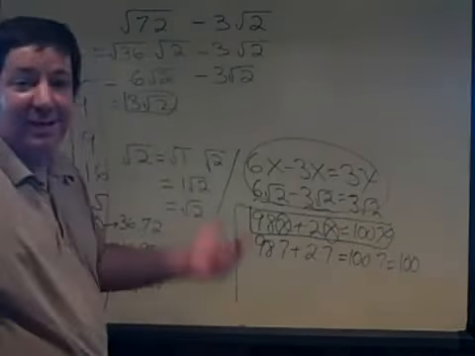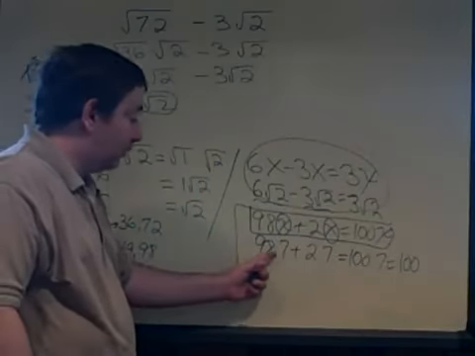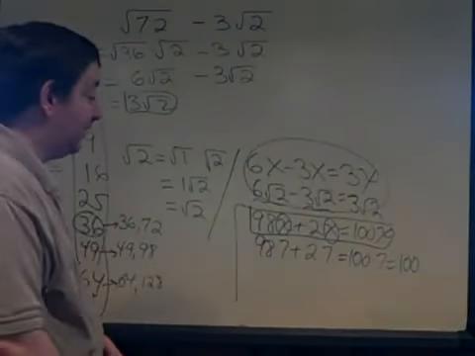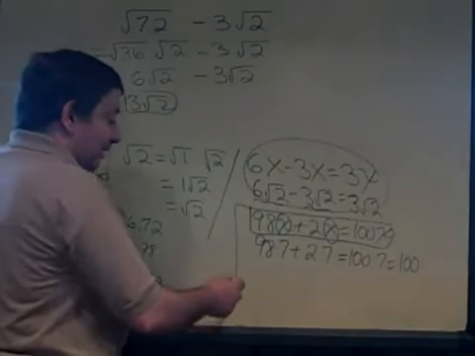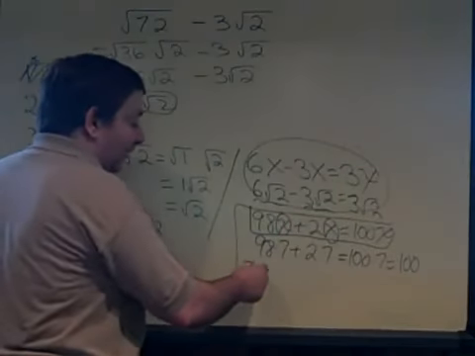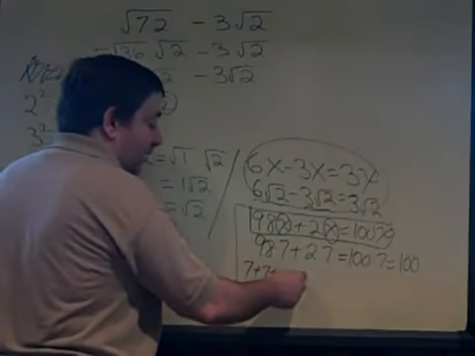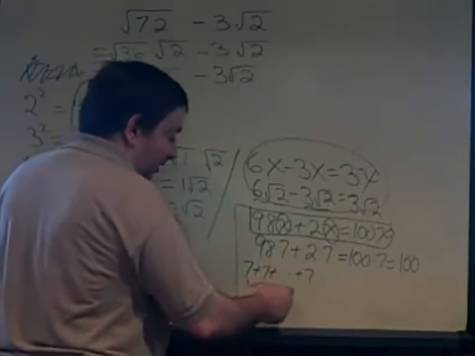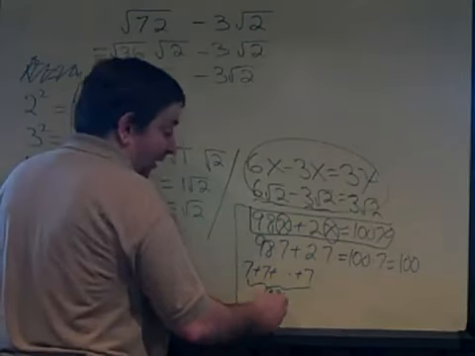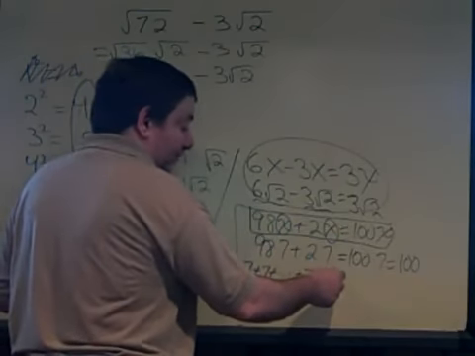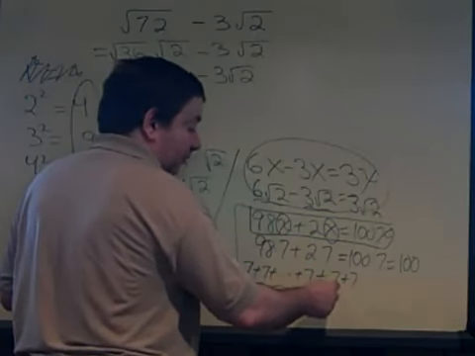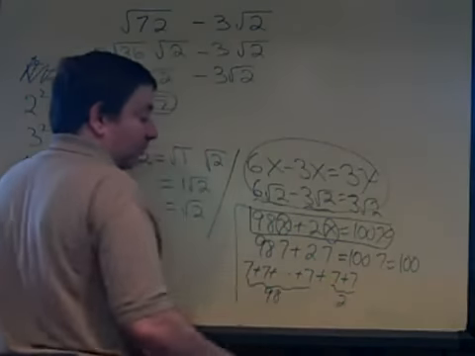Now, why is that true? Well, multiplication is repeated addition. 98 times 7, 7 times 98, is nothing more than 7 plus 7 a number of times. How many times? 98 times. Plus 2 times 7. That's 7 plus 7, 2 more times.